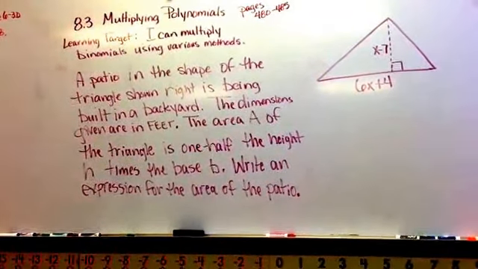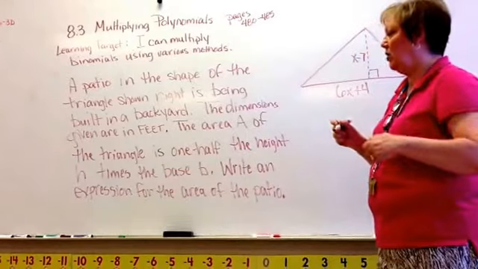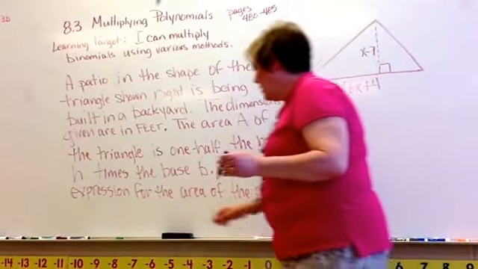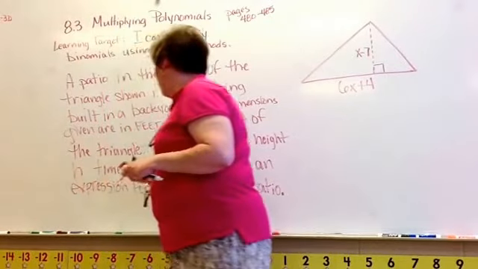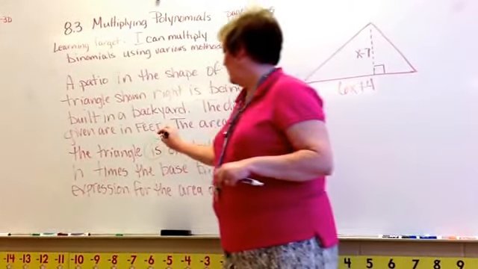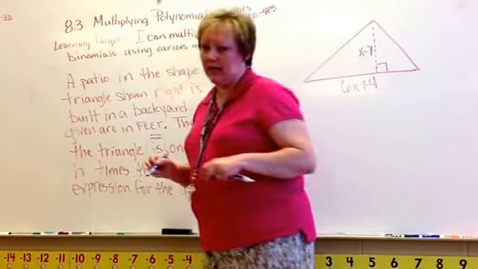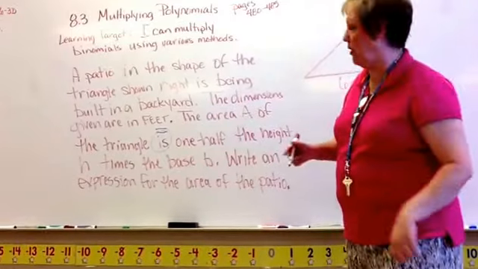Well, in order to do this, we've got to translate this sentence. The area A of a triangle is. Okay, now think about this word right here. The area is. What symbol do I use here? Yes, some of you said equal sign, or at least you thought it might. ESP's working.